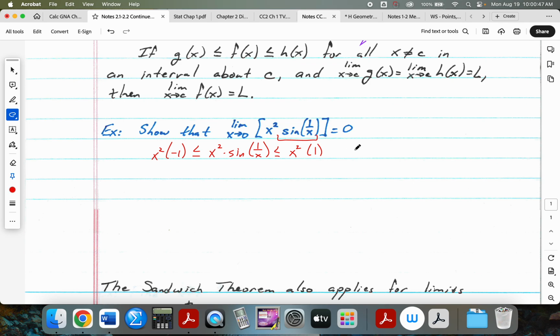And that's true for all x, provided that x is not equal to 0, because at 0, sine of 1 over x doesn't exist.